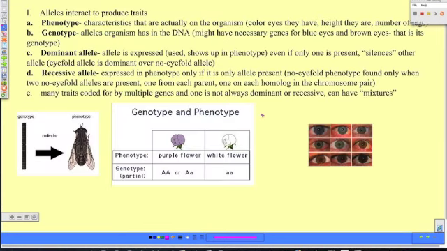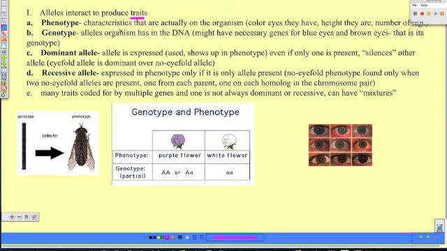Okay. Now these alleles interact to produce traits. And we have a couple new terms, ones we've been working with in class with the dragons. We have phenotypes. These are characteristics that are actually on the organism: the color eyes they have, the height they are, looking inside the heart. It's not just the stuff on the outside, it's how the inside works.